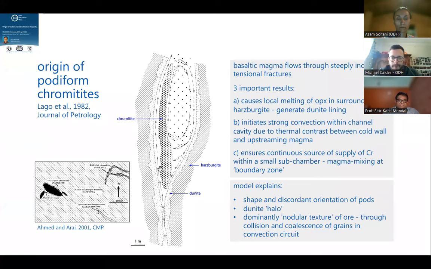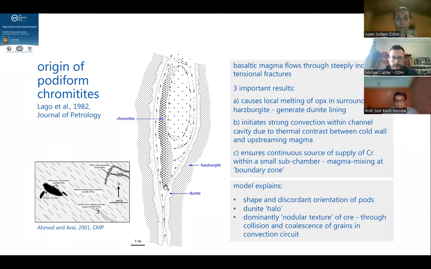And there will be a convection due to cooling down of the magma when it reaches here, and that convecting magma will meet primitive magma here, and we can expect magma mixing at the boundary zone.